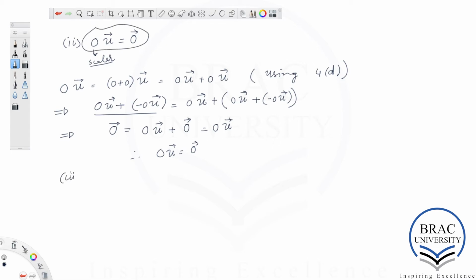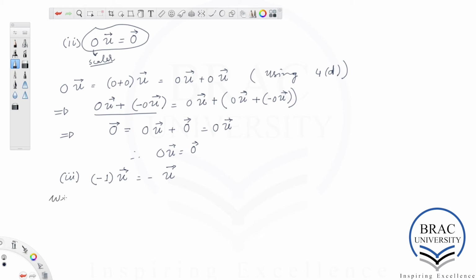Now the third simple fact is that negative 1 times the vector u is equal to negative u, the additive inverse of u.